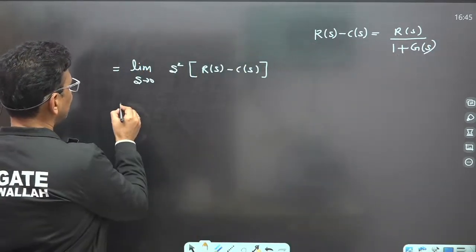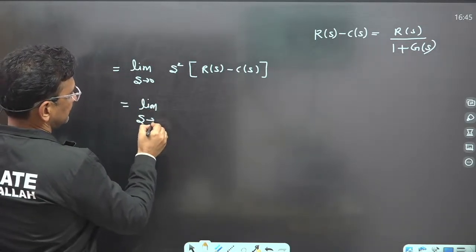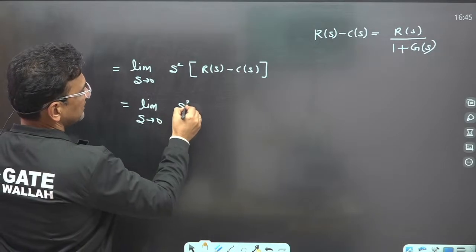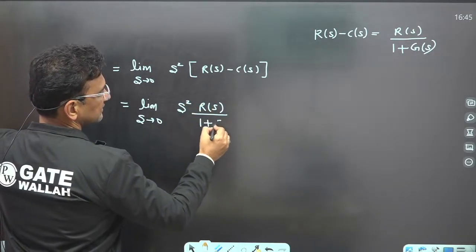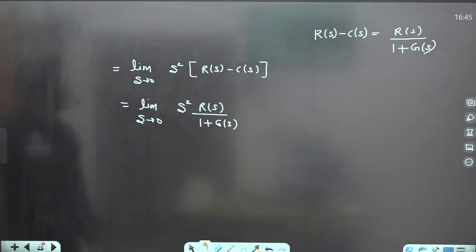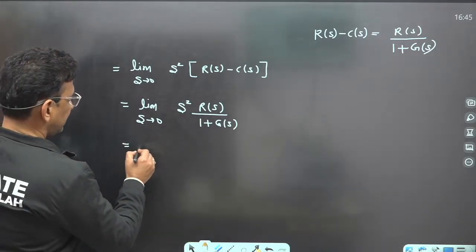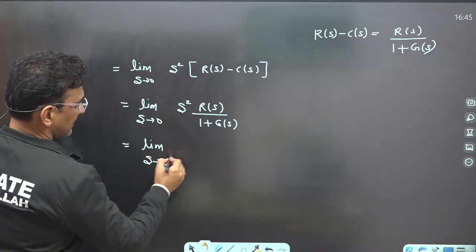So put the value here: limit S tends to 0, S square, Rs upon 1 plus Gs. Now limit S tends to 0, S square.